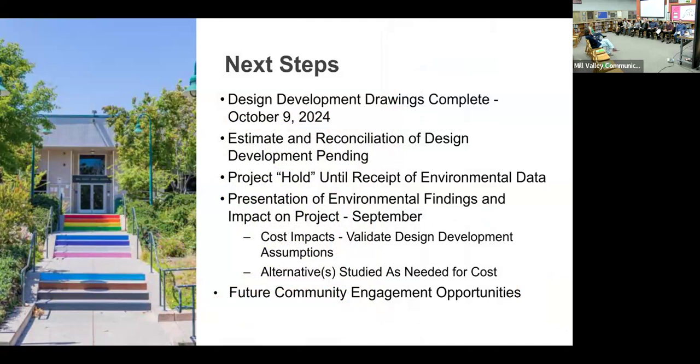We will have a reconciliation effort between those 2 estimates to make sure it's as fine-tuned as can be, knowing that we still have outstanding data to receive. We're holding on that information till we receive the environmental data, and we'll have some presentation of that coming soon. So I think that's it for me.